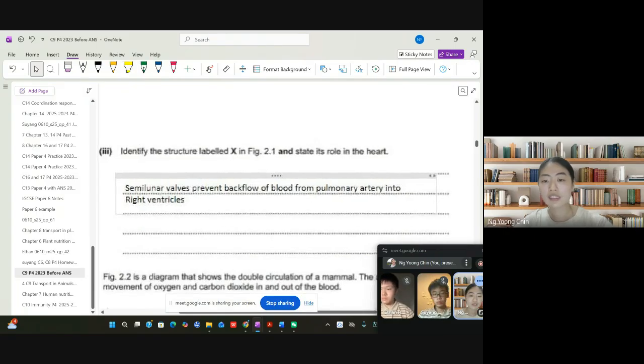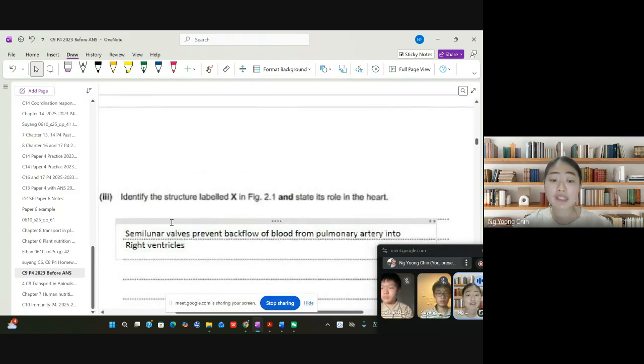And then sometimes they will ask about the valves. You need to identify the four valves, which are the pulmonary, aortic, semilunar, and, I forget the name of the valve. Oh yes, the aortic valve, pulmonary valve, and also the tricuspid and bicuspid valves.